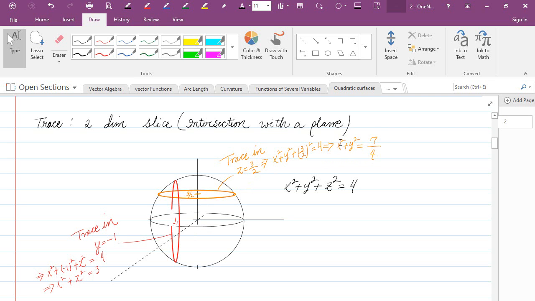Of course, the graph of this equation in the xy plane is a circle, which would be here.